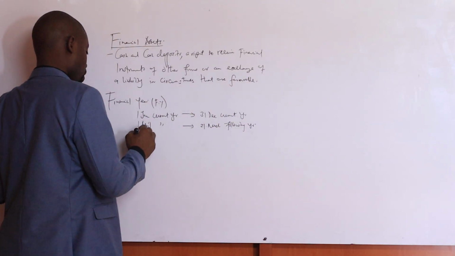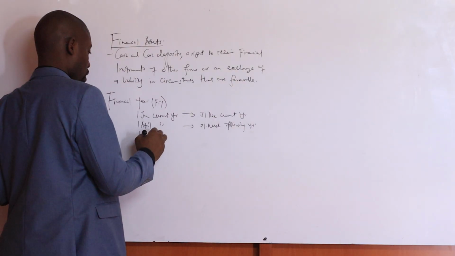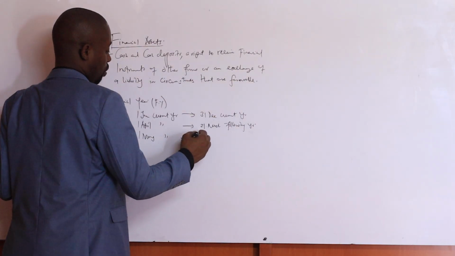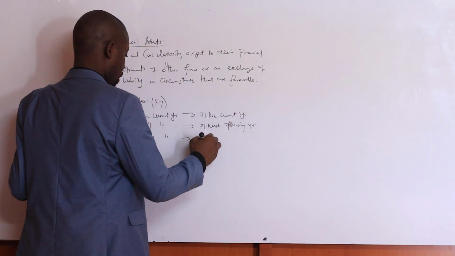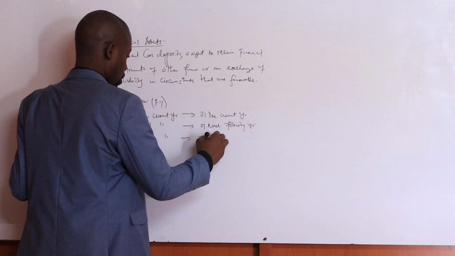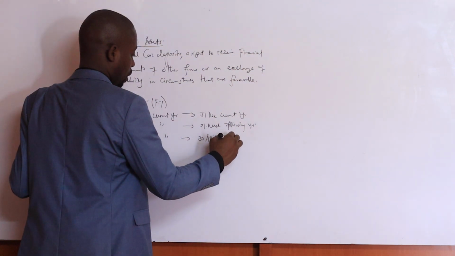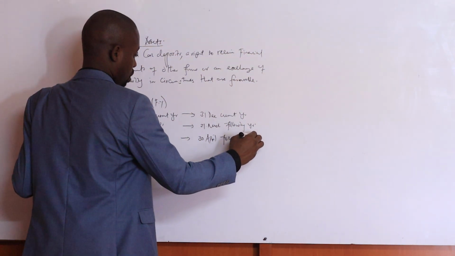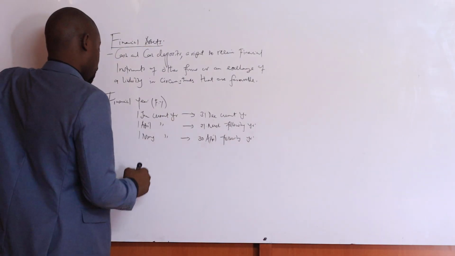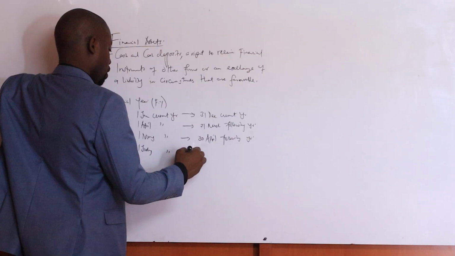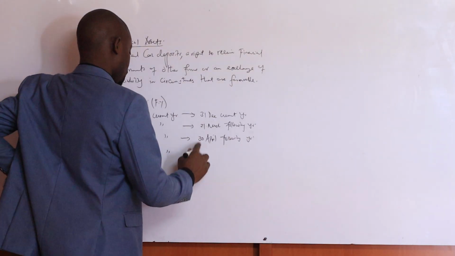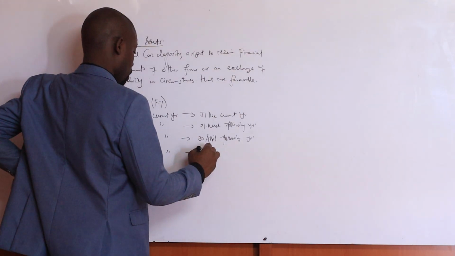Another one is 1st May current year to 30th April following year. We may have another one, 1st July current year to 30th June following year.